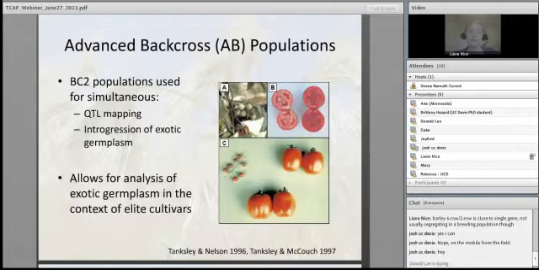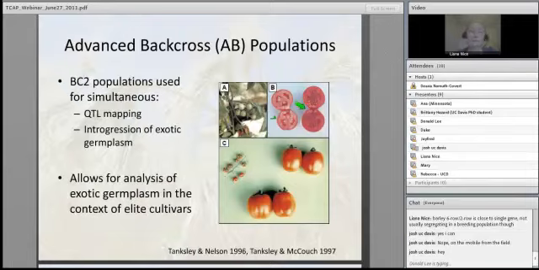So here's an example where a kind of green, tiny wild tomato fruit crossed to a normal tomato has led to finding an allele from the wild that actually increases the red color of a tomato.